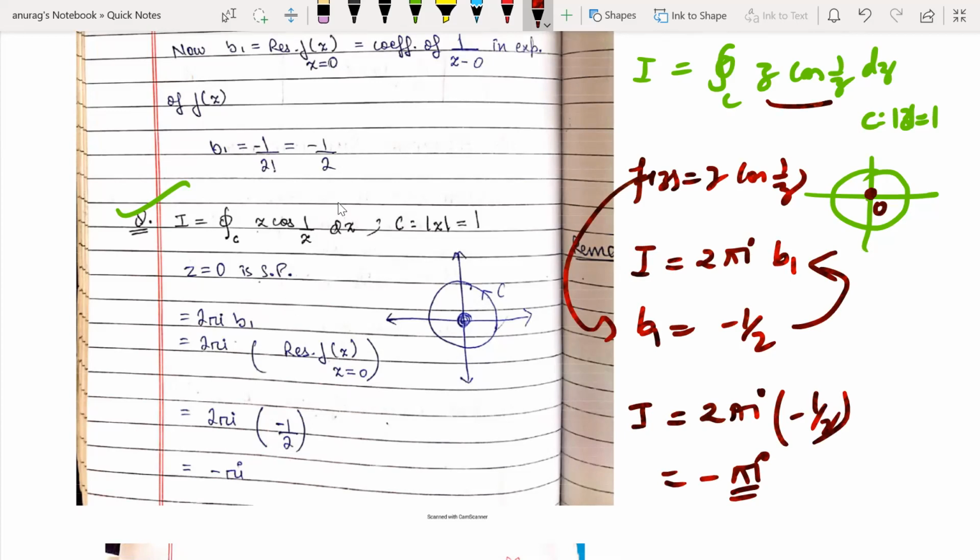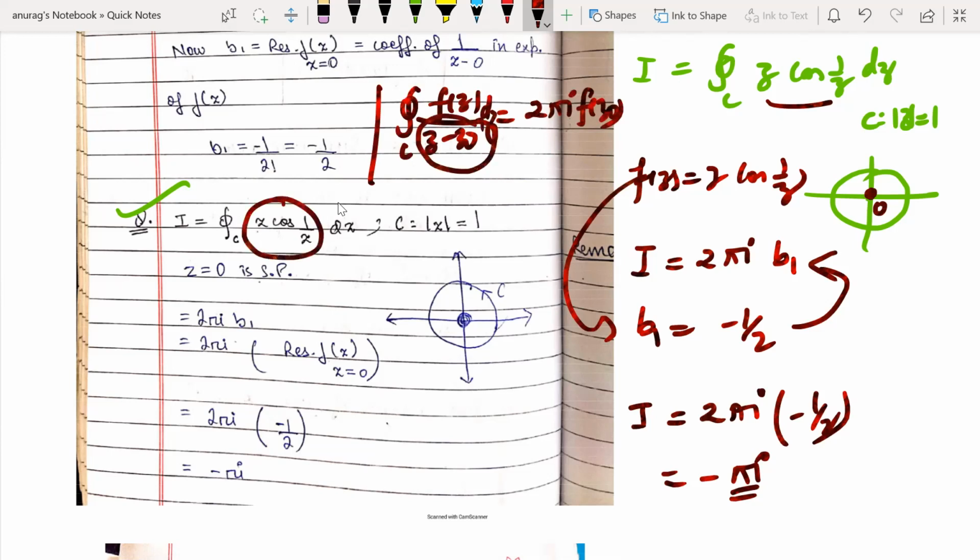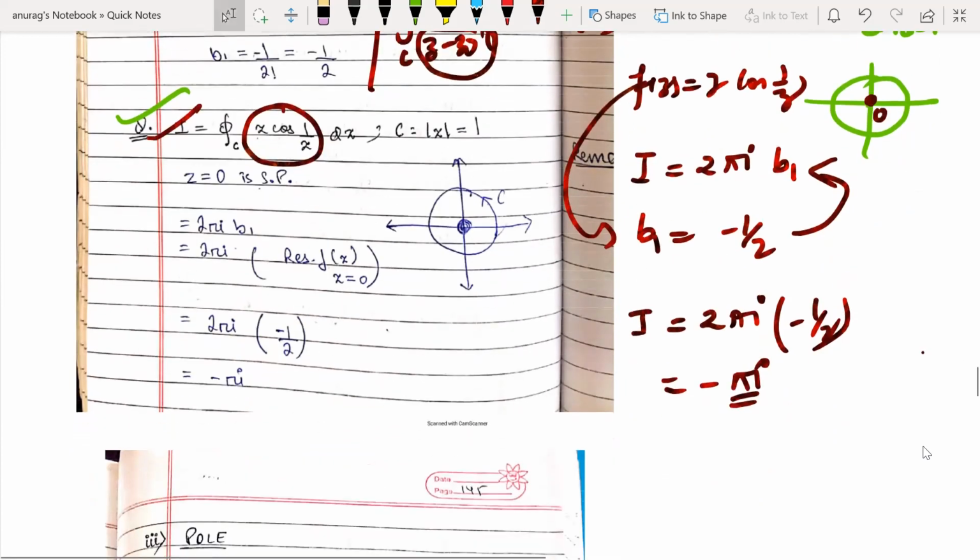This problem can be solved with the help of Cauchy, but not exactly, because for Cauchy you need this type of integration, f(z) over z minus z naught, and only then it is equal to 2 pi i f(z naught). So you always need a factor of z minus z naught, but here there is no need to keep a factor of z minus z naught. It means this is more useful in comparison to the Cauchy integral formula.